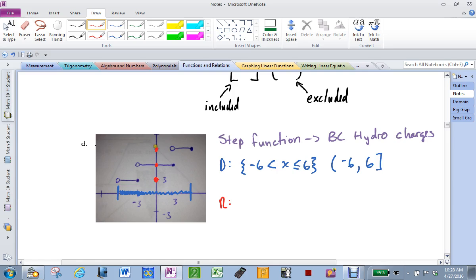There is no interval, is there? So can I use this? No, because it isn't between negative 6 and 6. It's only 3, 6, and 9. So how do I write that? You've already done it in these notes. 3, 6, 9. Done. It can't be an interval because it isn't an interval.